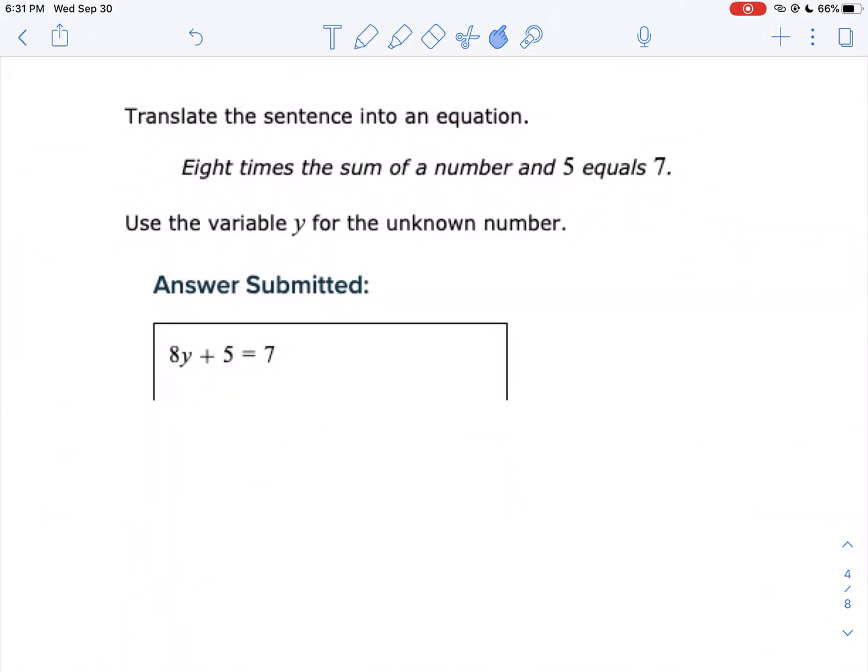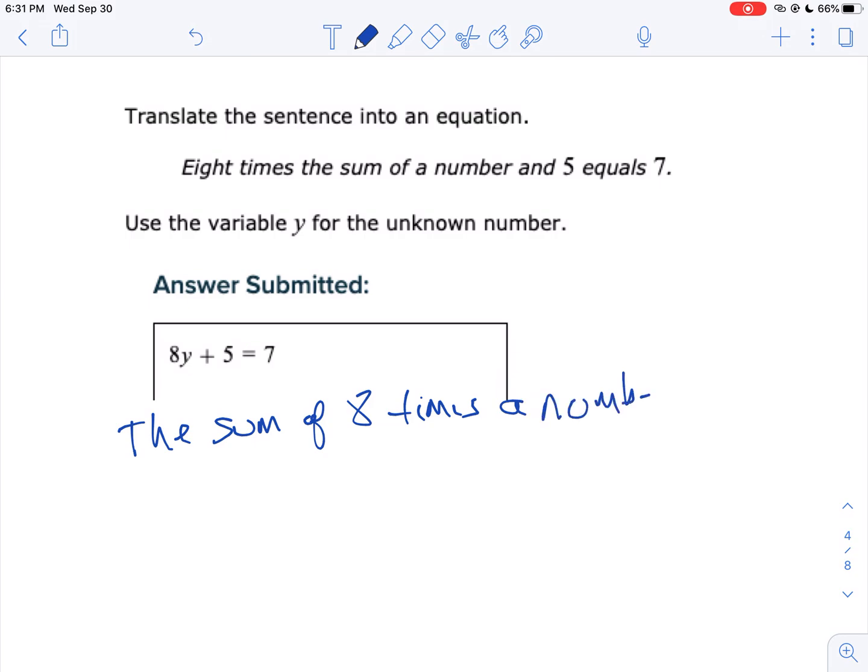Now, on this problem, if I look at what you wrote, the sum of 8 times the number and 5 equals 7. That's not what the problem is.